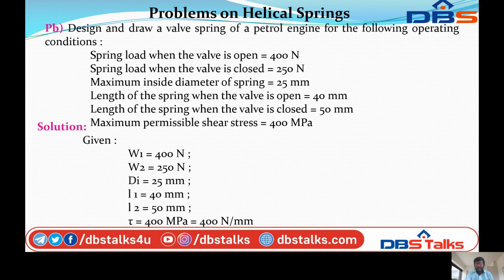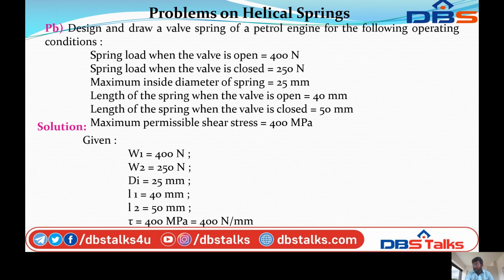So in this problem you can note the given data. W1 is equal to 400 Newton, W2 is equal to 250 Newton. Inside diameter Di is equal to 25 mm. Length of the spring L1 is equal to 40 mm. Length of the spring L2 is equal to 50 mm.